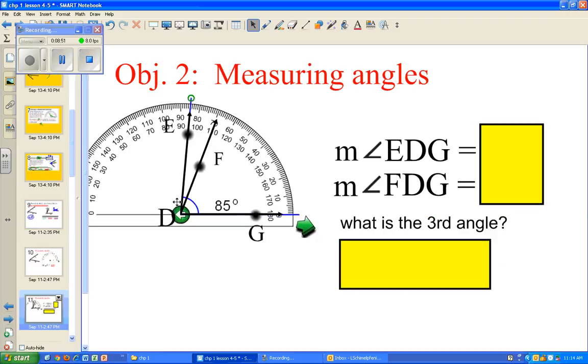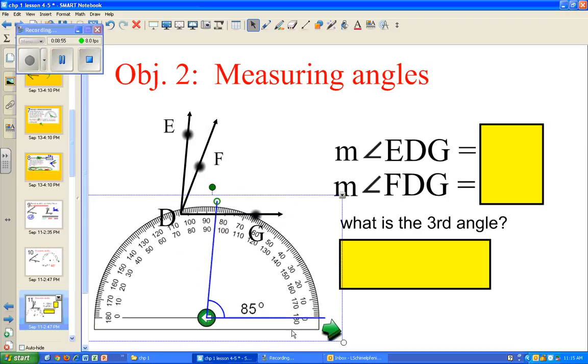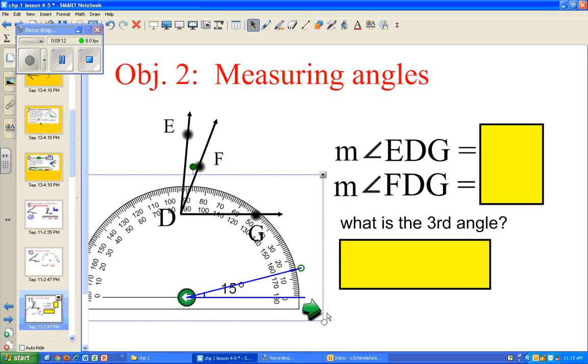Now the next one, we'll just try it one more time. Go ahead and hit the pause button. Oops, I gave you the answer there for one of them. Go ahead and hit the pause button and fill in the answers to the measurement of EDG, FDG, and then see if you can write down the notation of what you would write down for the third angle.